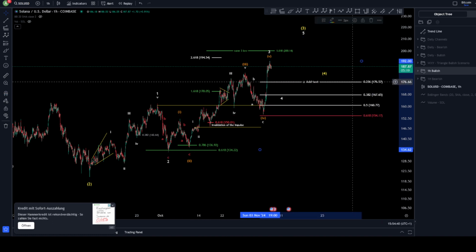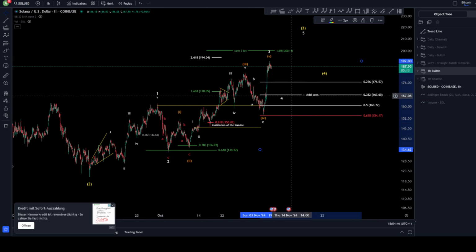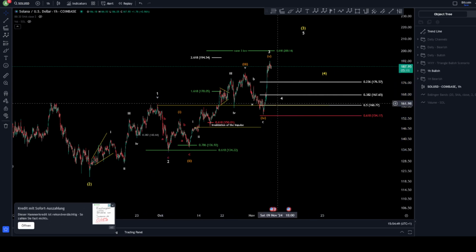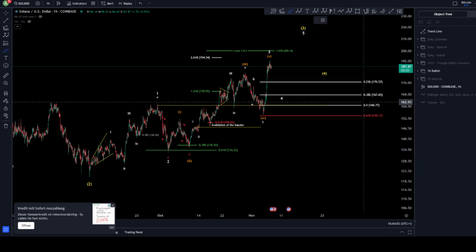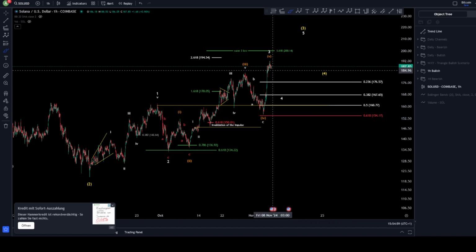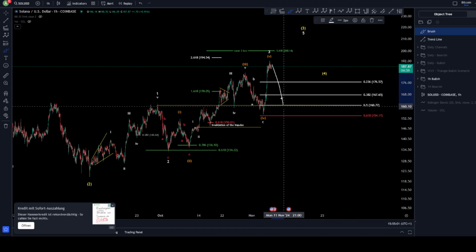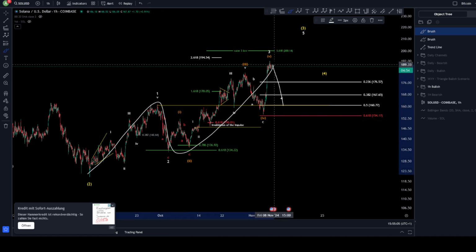Okay, we're going to check if it is done clearly. So 1, 2, 3, 4, and a 5. You would not like to see, okay, this is with the right fit, you would not like to see the price move to the 0.5 level at 160, because if we get there, it's going to invalidate our bullish scenario, okay?